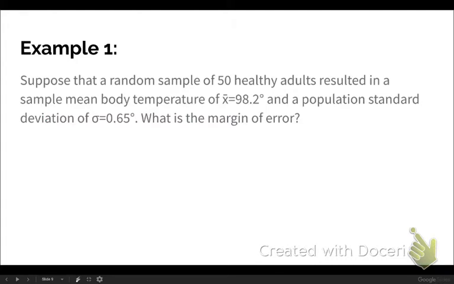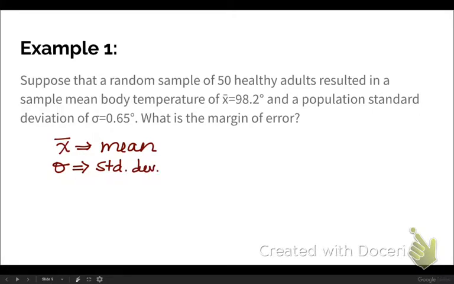Suppose that a random sample of 50 healthy adults resulted in a sample mean body temperature of 98.2. And just so we know, because we haven't used this notation before, X bar represents mean. And a population standard deviation, so that's sigma, is your standard deviation of 0.65.